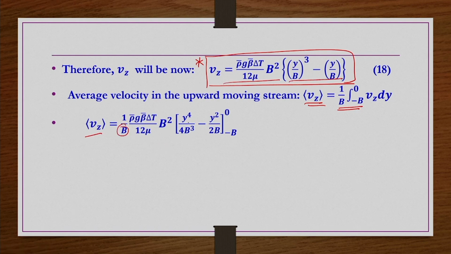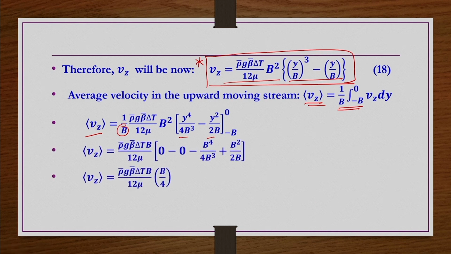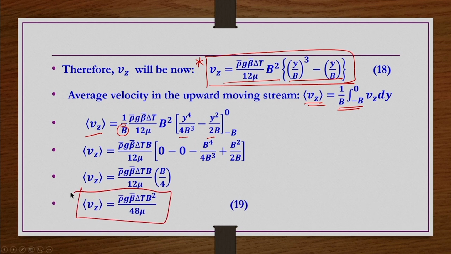The integration of y cube is y power 4 by 4, and the integration of y is y square by 2, limits minus b to 0. When you substitute and then simplify, you get vz average is ρ̄ g β̄ ΔT b square by 48 μ.